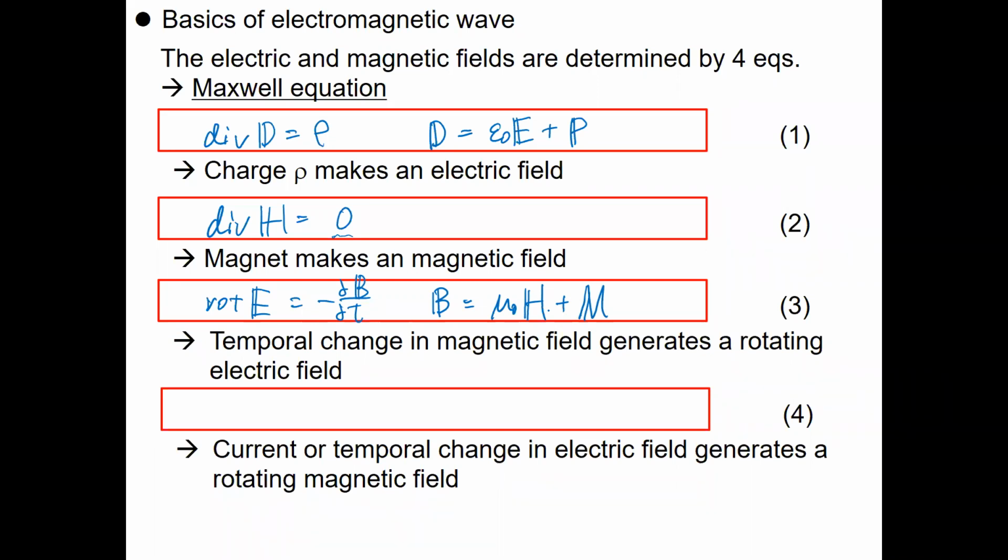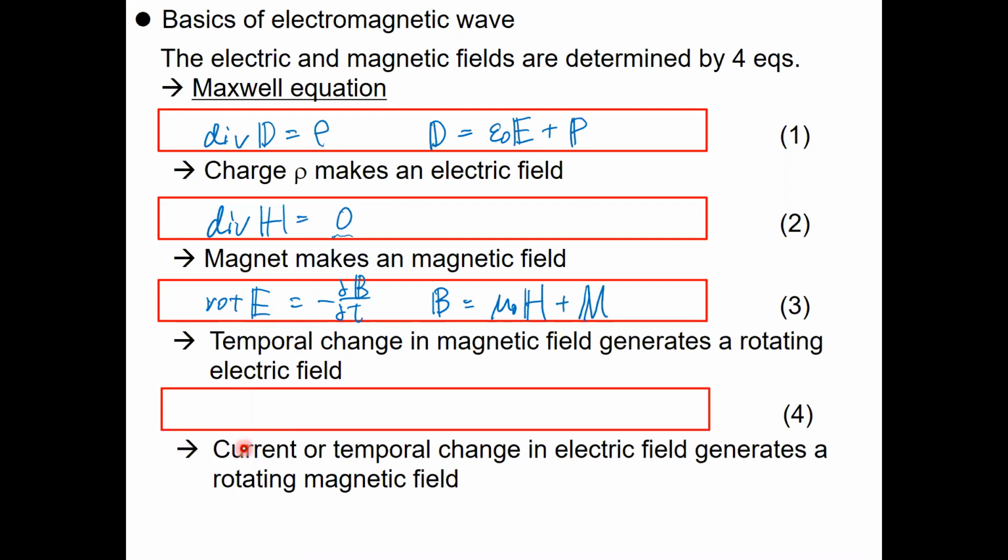I'll come back to this later. But anyway, the induced magnetic displacement changes in time, right? That change in time gives the rotational electric field.